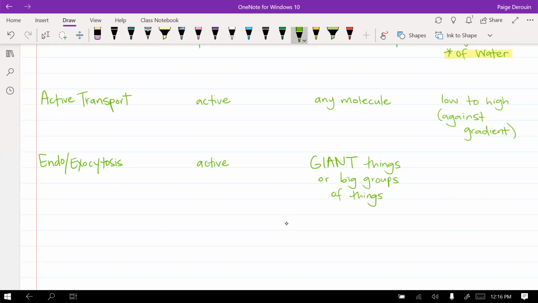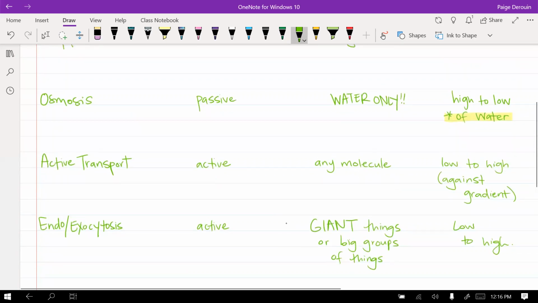And since it's active, we're going to say that it's low to high. And those are all the transport types that you will need to know for this class.